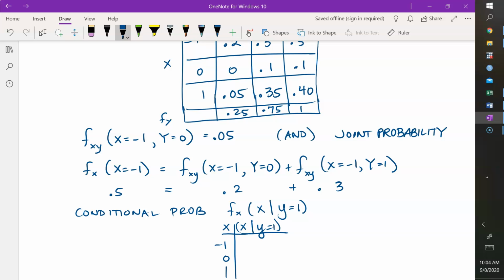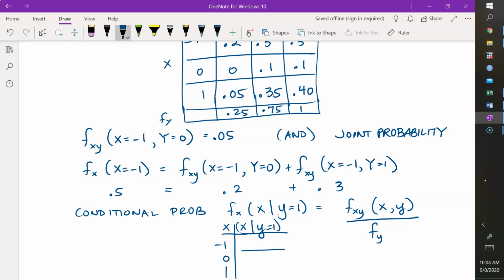To find those probabilities, we're going to use the conditional probability rule, which says you find this as the chance of x and y together divided by just the chance of y. So what does this mean?